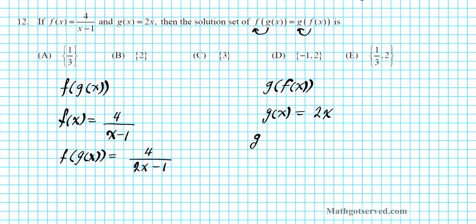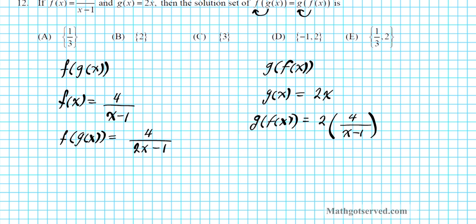So g of f of x is going to be what you get when you replace the x in g with f. So instead of 2x, we have 2 times 4 over x minus 1. Let's go ahead and simplify this. We can express this as a fraction, multiply across top and bottom. So 2 times 4 is 8 over x minus 1.